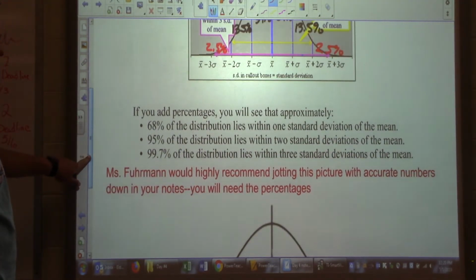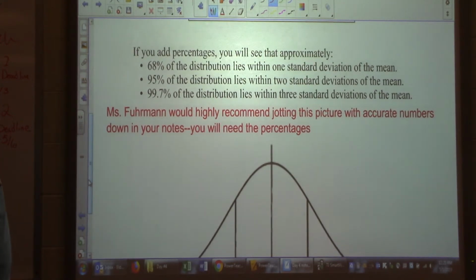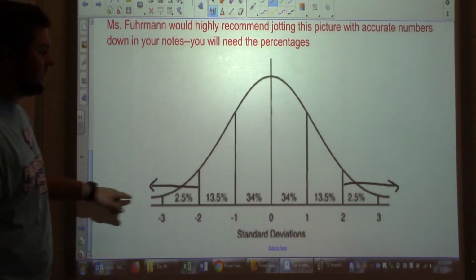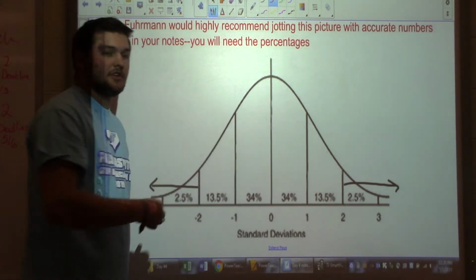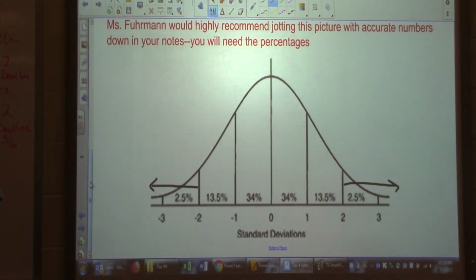So, like I just said, make sure you have those numbers on your paper. If you want to write it out again and a little bit nicer, we're going to draw a bunch of these and I'm going to label them with those numbers. But you're going to need to know those percentages. All right, 34, 13.5, 2.5. Okay, and we'll see how it works in a second. Does that make sense? Okay. Any questions before we move on to trying problems?